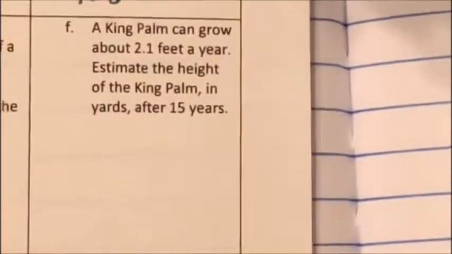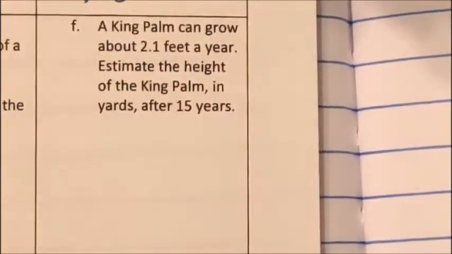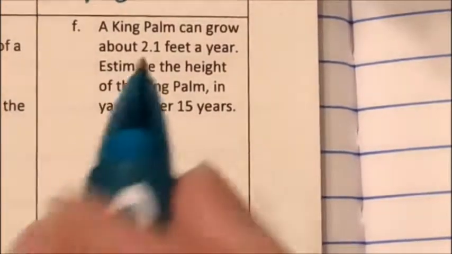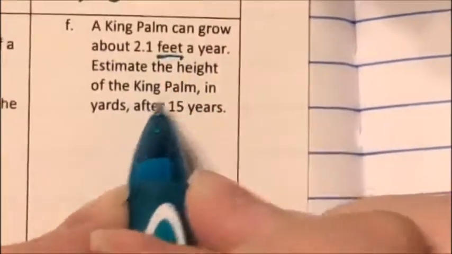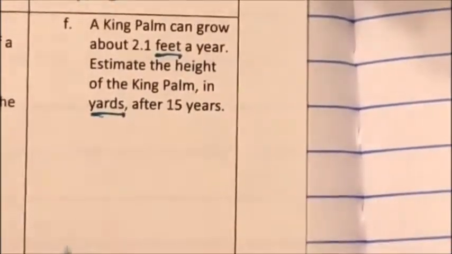Okay. Letter F. A king palm can grow about 2.1 feet a year. Estimate the height of the king palm in yards after 15 years. Okay, so I need to do a couple of things first. The first thing they tell me is I'm going from feet to yards.